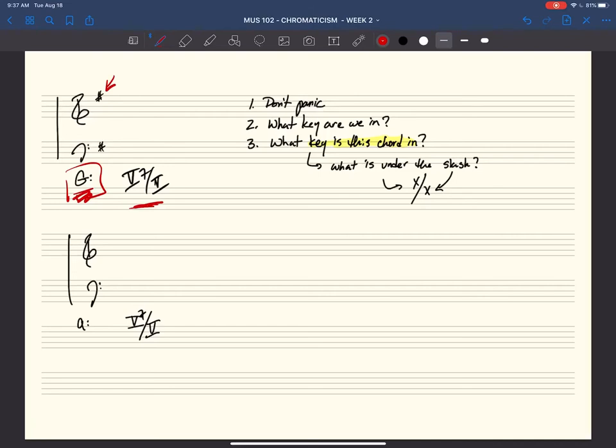However, we have to then think, what key is this chord in? Because this chord, if it's a secondary function chord, is in a different key. So this, if you've been in my classes before, is why I harp so much about key signatures.